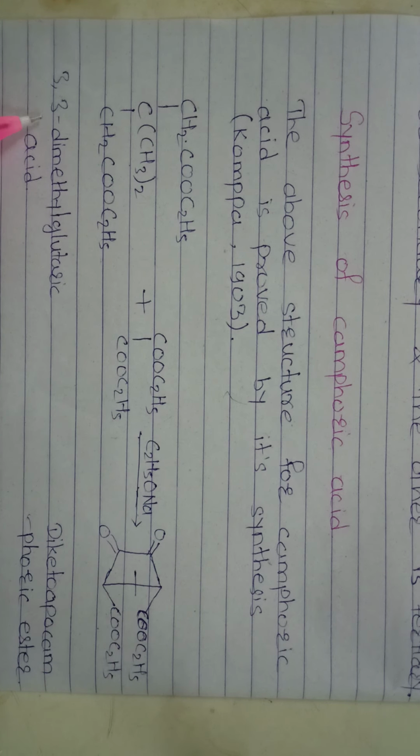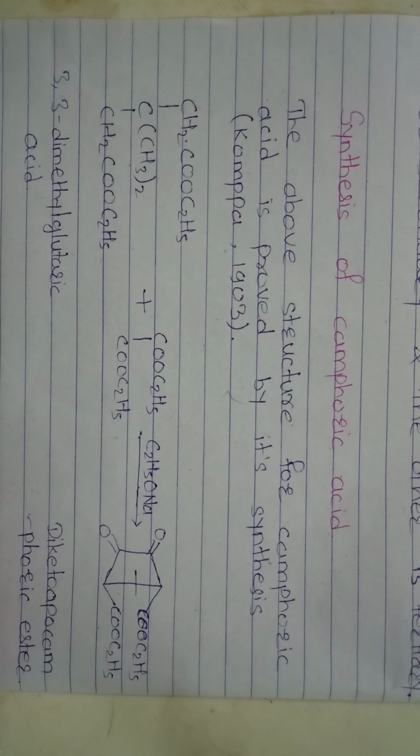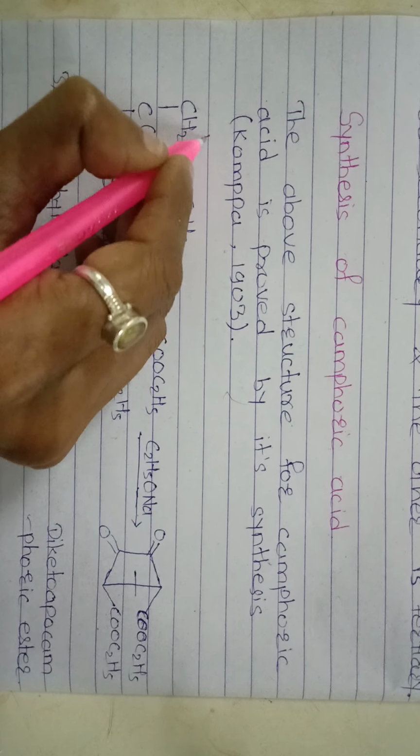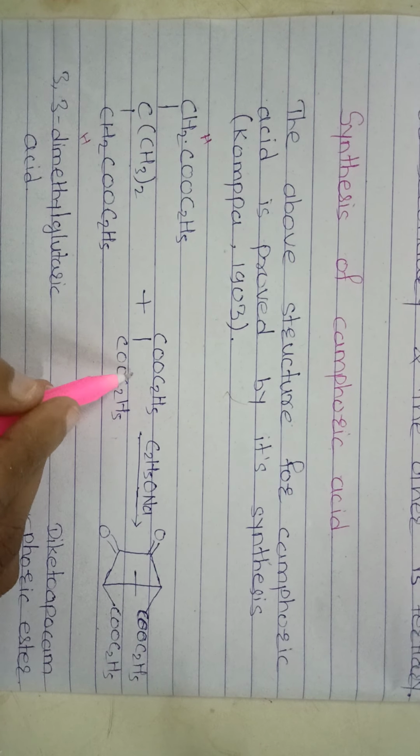When 3,3-dimethyl glutaric acid is reacted with diethyl ester in the presence of sodium ethoxide, it gives diketo apocamphoric ester.